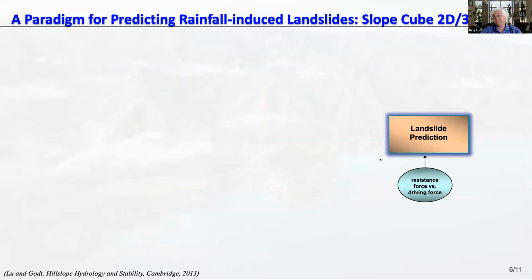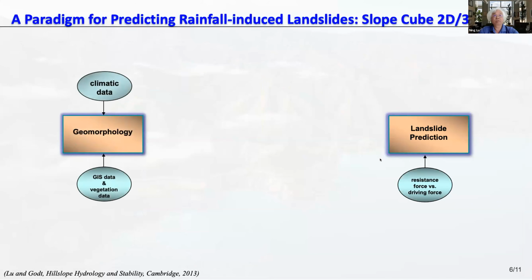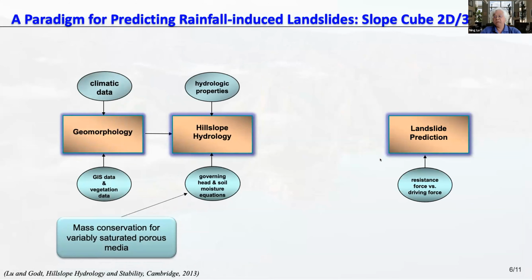Put into this diagram, the ultimate goal is to understand and predict the initiation, when the landslide is going to occur. We start with the information on climate and the geological and topographic material properties, and we can understand how water is going to go into the hill slope.